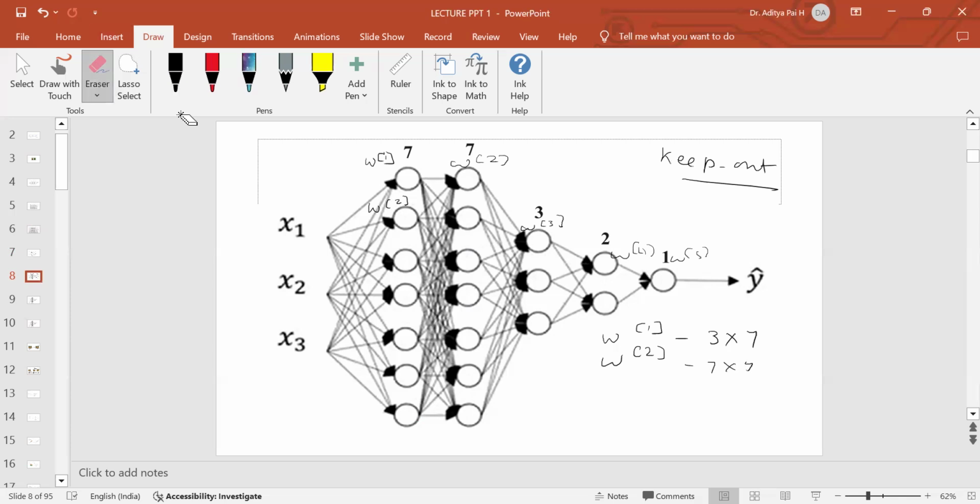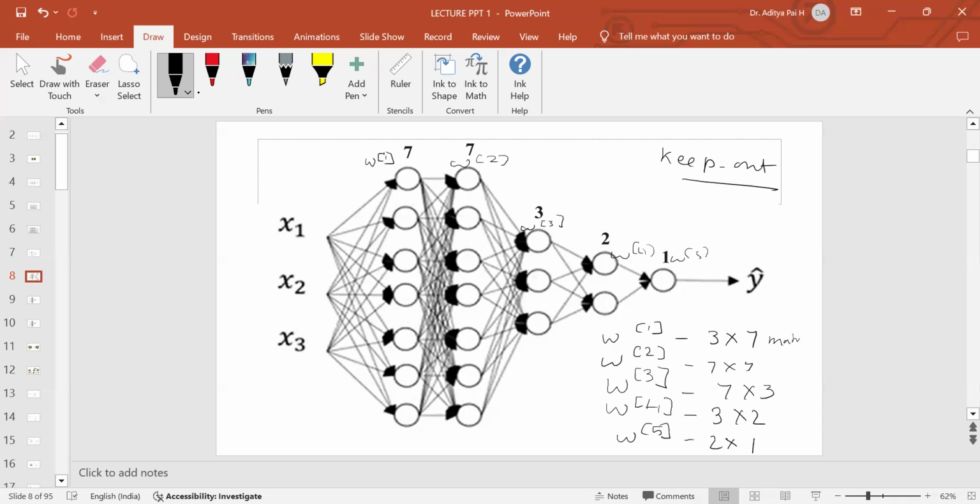For the third one, it is 7 into 3, that is 7 inputs and 3 outputs. For the fourth one, it is 3 inputs and 2 outputs. And for the fifth one, it is 2 inputs and 1 output. So the first is a 3 into 7 matrix, the second is a 7 into 7 matrix, the third is a 7 into 3 matrix, the fourth is a 3 into 2 matrix, and the fifth is a 2 into 1 matrix.